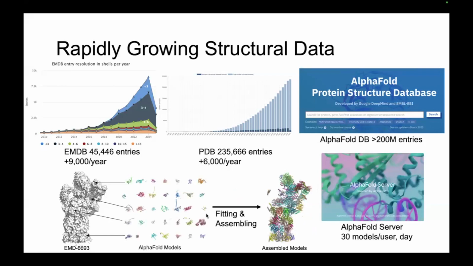After fitting, we try to find the best possible combinations, then assemble the entire structure. Currently, this is a common way to build atomic models from intermediate or relatively low resolution maps.